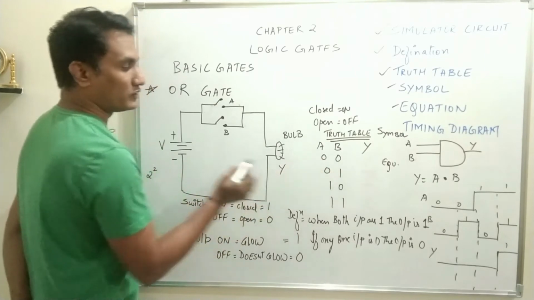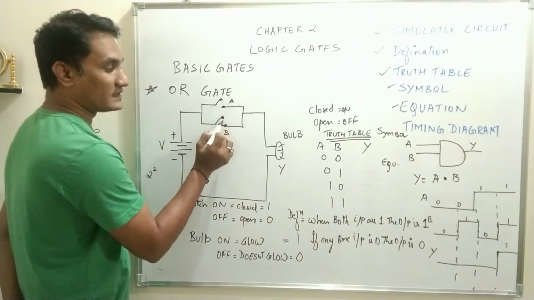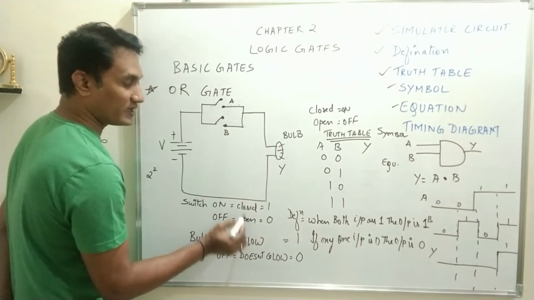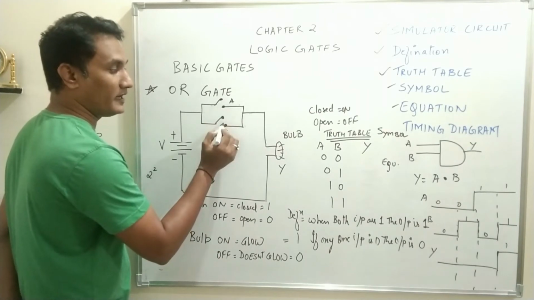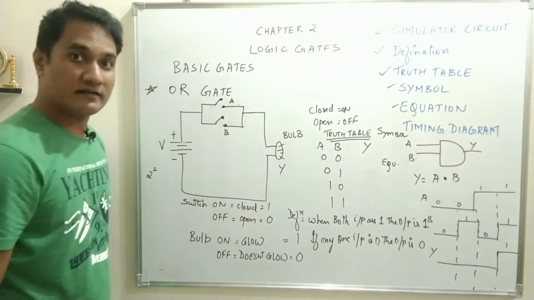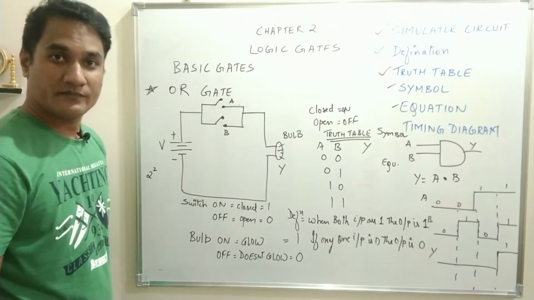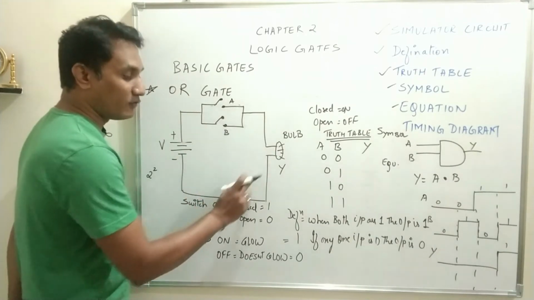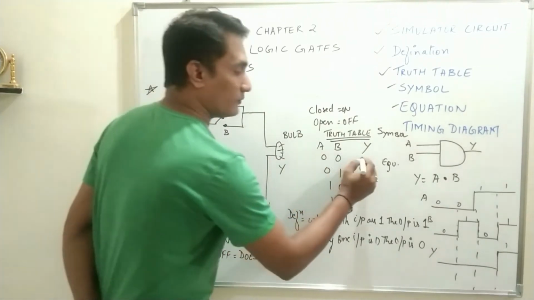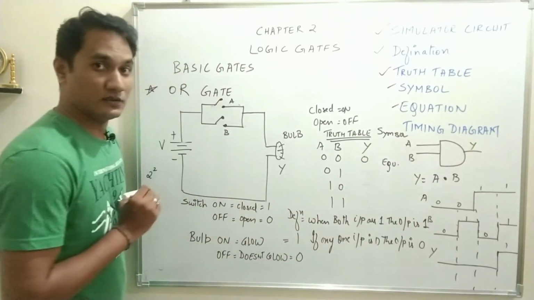When A and B both are 0, that means both the inputs are open, will there be any flow of current in the circuit? Of course not. So if no current is flowing in the circuit, the bulb doesn't glow, the output Y will be equal to 0.